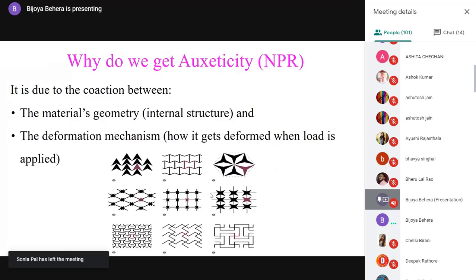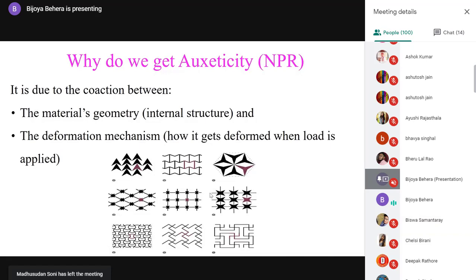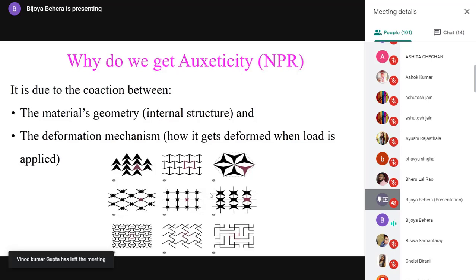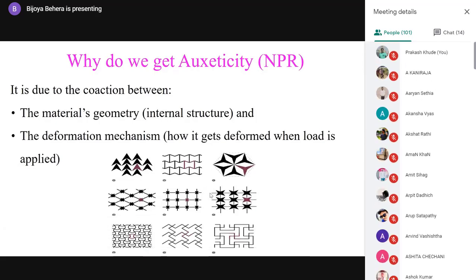As I said, objective material means the material with NPR, negative Poisson's ratio. This happens because of two reasons. The first one is the material geometry. The internal structure of the material is such that when it is extended in one direction, in the transverse direction it also extends.